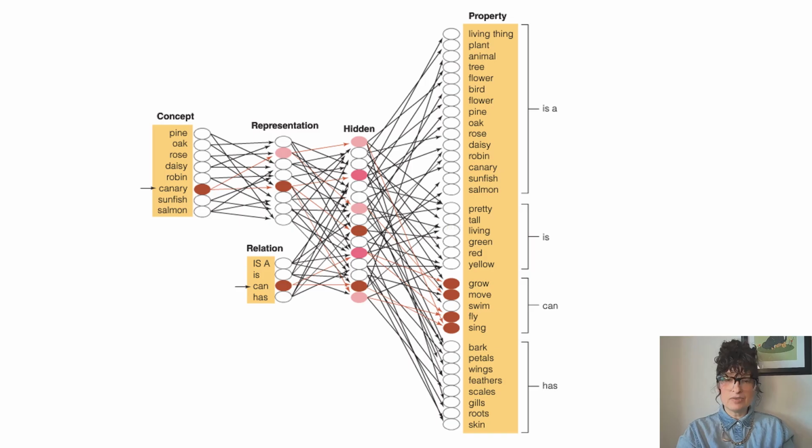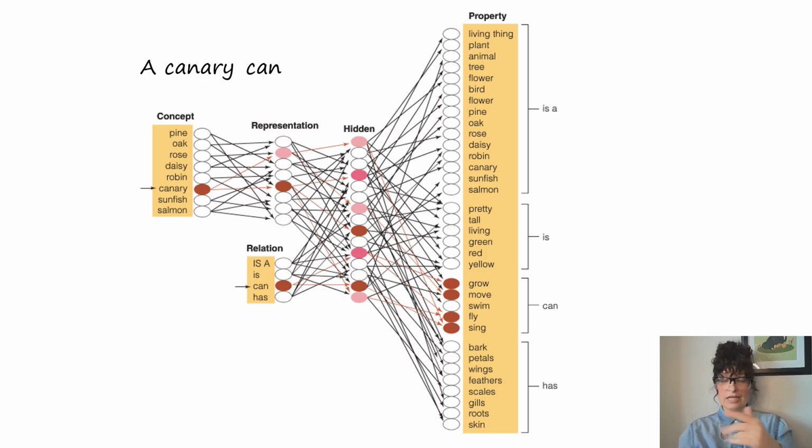If you activate some concept unit like canary, and a relational unit can, so you literally type in a canary can, a canary activates that concept, can activates the relational, and the combination of those two activations are then going to be passed on through different connection weights to various hidden units in the system that will ultimately only stimulate some of the possible responses.